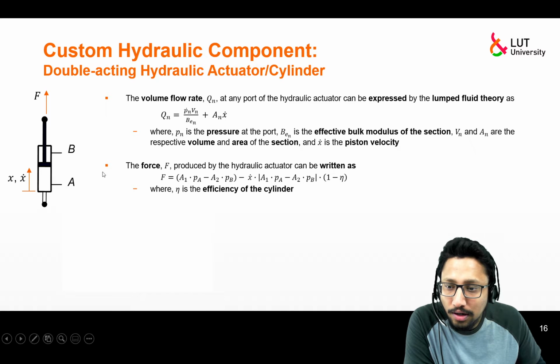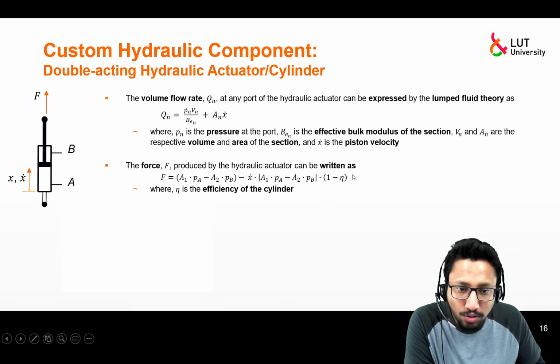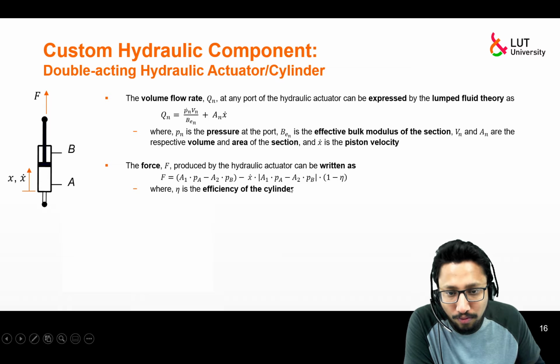How you can do that is basically the force in this part, which is A1 into PA, minus the force in this part, which is PB into A2, and then this part of the equation is associated with the friction force, having some efficiency there, and then the modulus of this force difference from the pressure into the piston velocity.